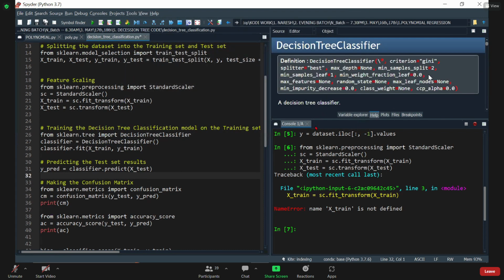Because Gini doesn't have log computation, so that's why the processing is very fast. Splitter best. How do you split the data? I mean, best or random? Max depth. What is meant by max depth? Why do they mention none? Minimum sample split 2. Because if I have a tree, we have two hands, left or right. So that's why we have 2.